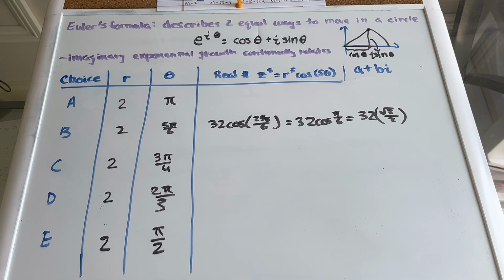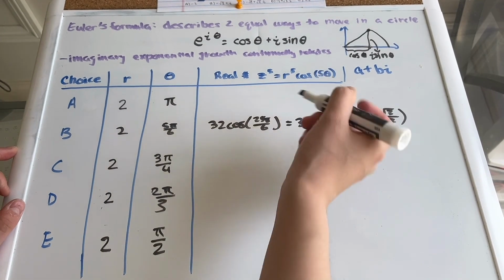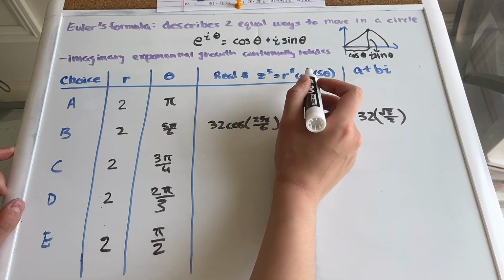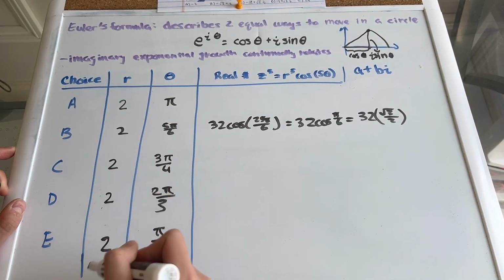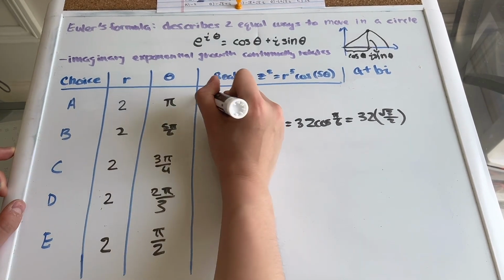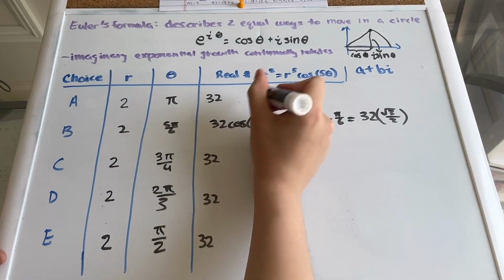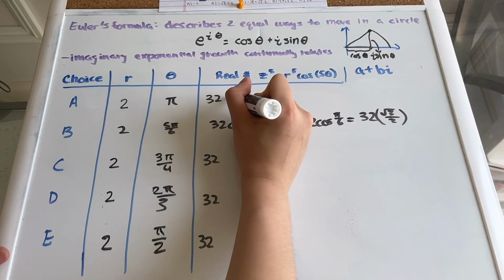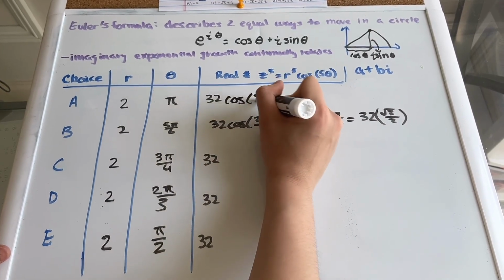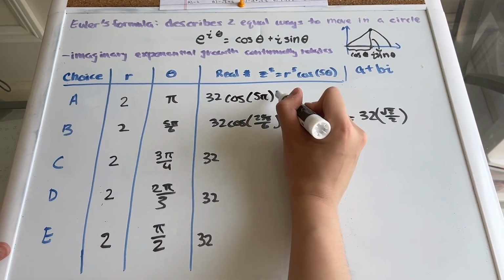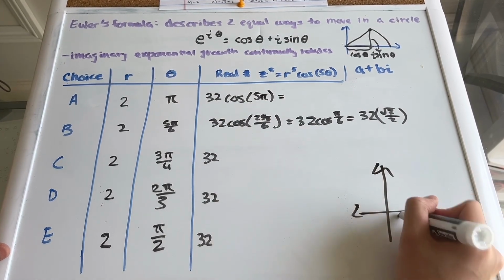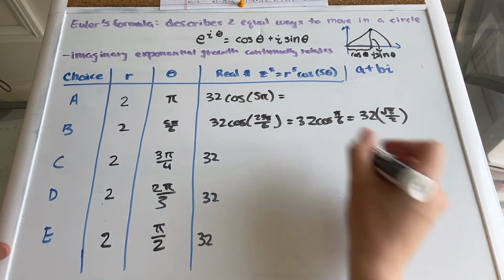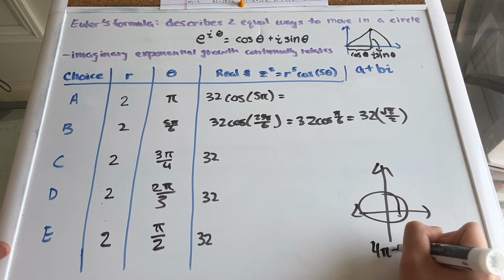So we can simplify this, and remember when we were plugging in this formula, we use r to the 5th power, and we know that r is 2 for all of them. So 2 to the 5th power is going to be 32 for all of them. The next part is to find cosine of 5 pi. Since 2 pi is 1 rotation around, 5 pi is equal to 4 pi plus pi.